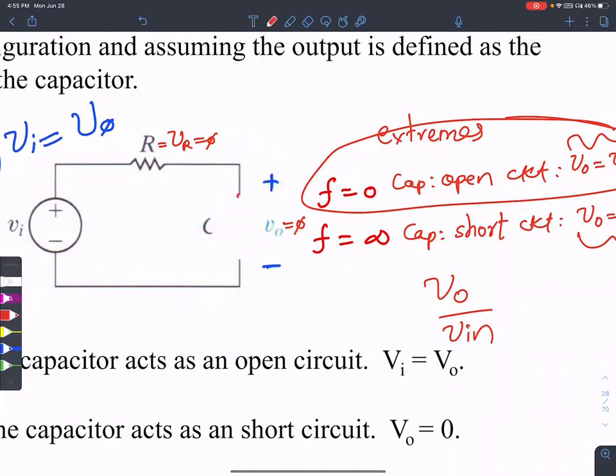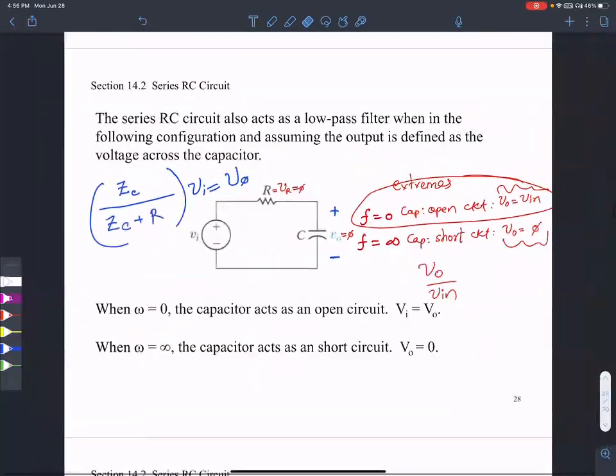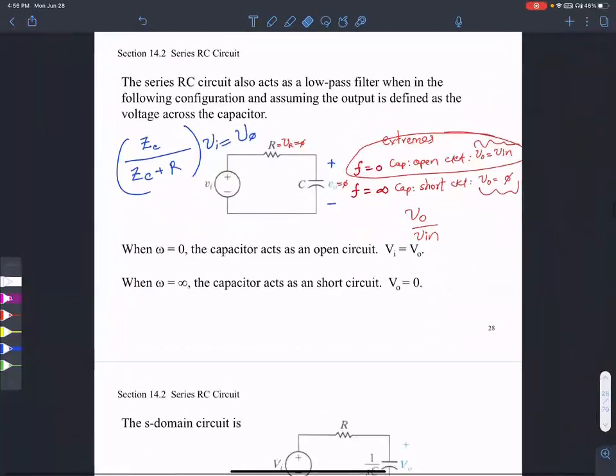That's a good question, because this capacitance ZC is 1 over S times C, or 1 over J omega C. When omega is 0, ZC turns out to be 1 over 0, which is infinity. That's exactly what an open circuit is. So capacitance acts as an open circuit to DC. Other questions, please.